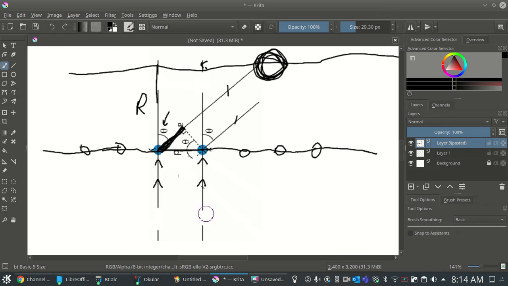This ray of light gets scattered in many directions, and this is one of the directions. But from here to the screen is the same distance as from here to the screen. But there's this extra length here.